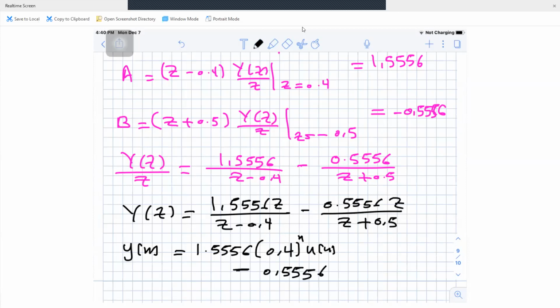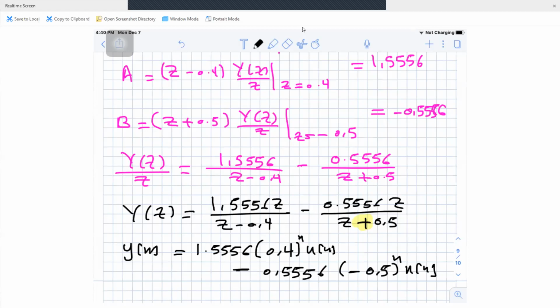Here we have a plus, please look, this is a plus. So here we have plus 0.5556 (-0.5)^n u(n). And this will be the solution for the first branch.